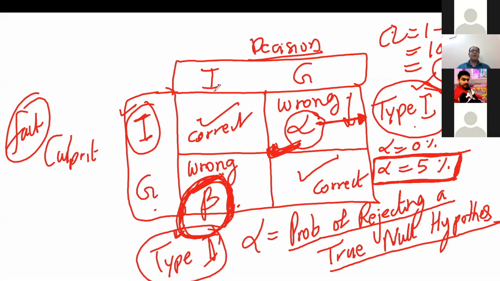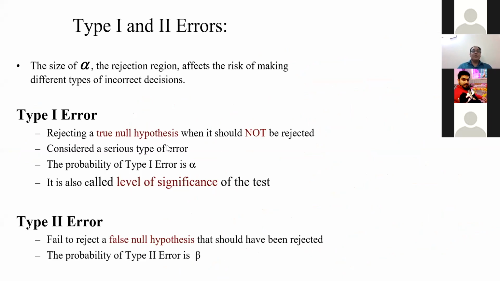And let us go back to the hypothesis. So now you read the definitions of type 1 error and type 2 error. Here you can see that the type 1 error, which is known as alpha, is rejecting a true null hypothesis when it should not be rejected.